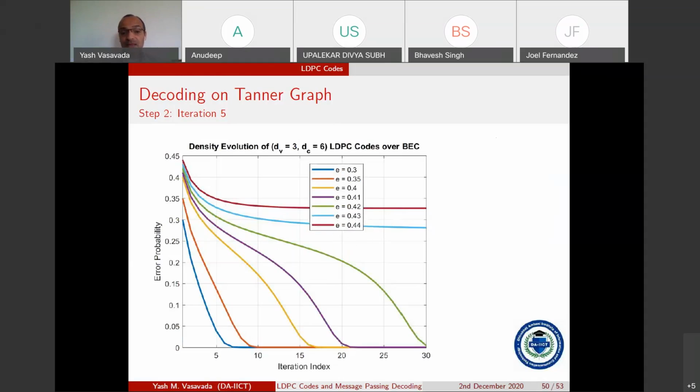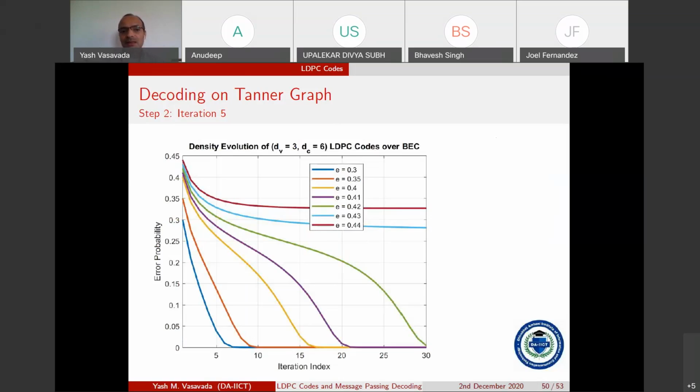If it is 0.43 and more, then the decoder will fail. But 0.42 is a pretty impressive number. If you are transmitting 100 bits, you are allowing 42 out of 100 to be erased. And no matter what erasure pattern it is, those 42 bits can get erased anywhere out of 100, and the decoder is guaranteed to recover those erasures.